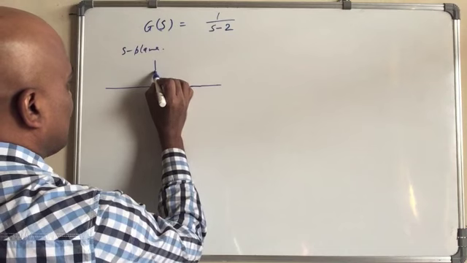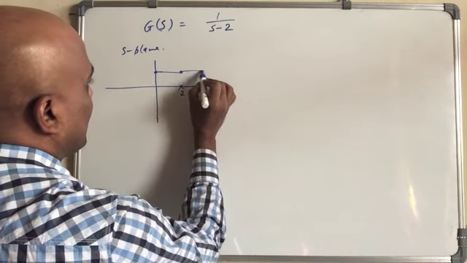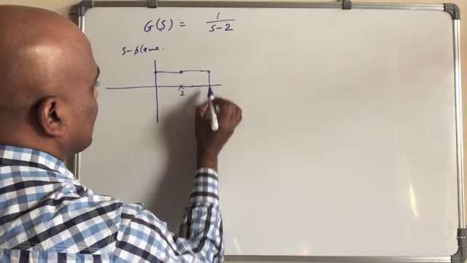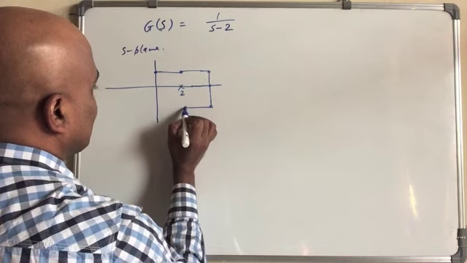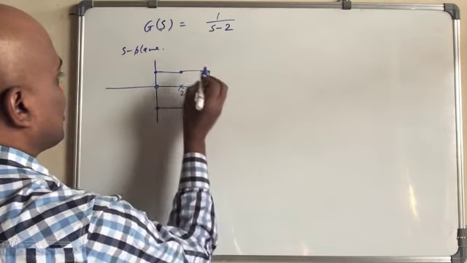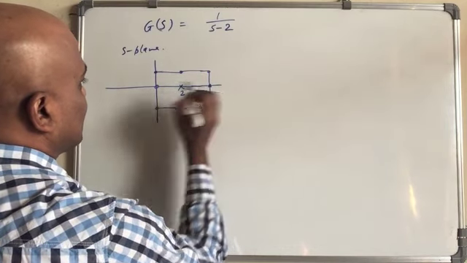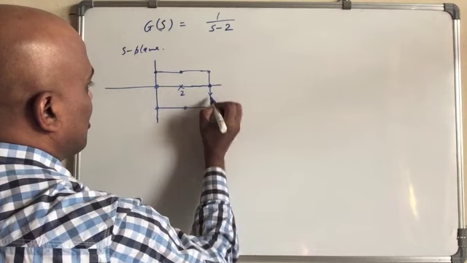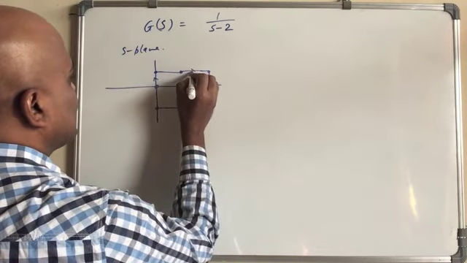So we have 1 point here, 1 point here, and 1 point here, and so on. We are going clockwise. We will start from, let us say, here, and go clockwise.